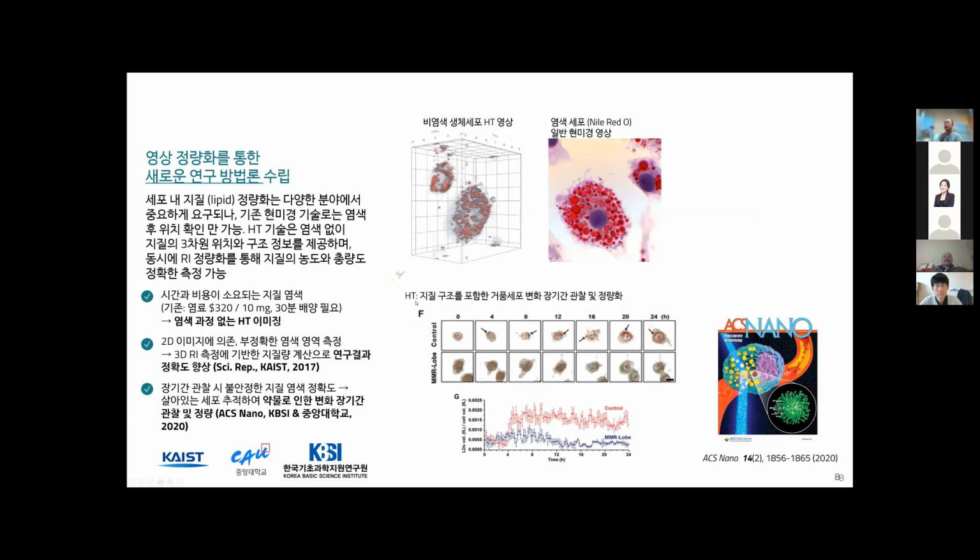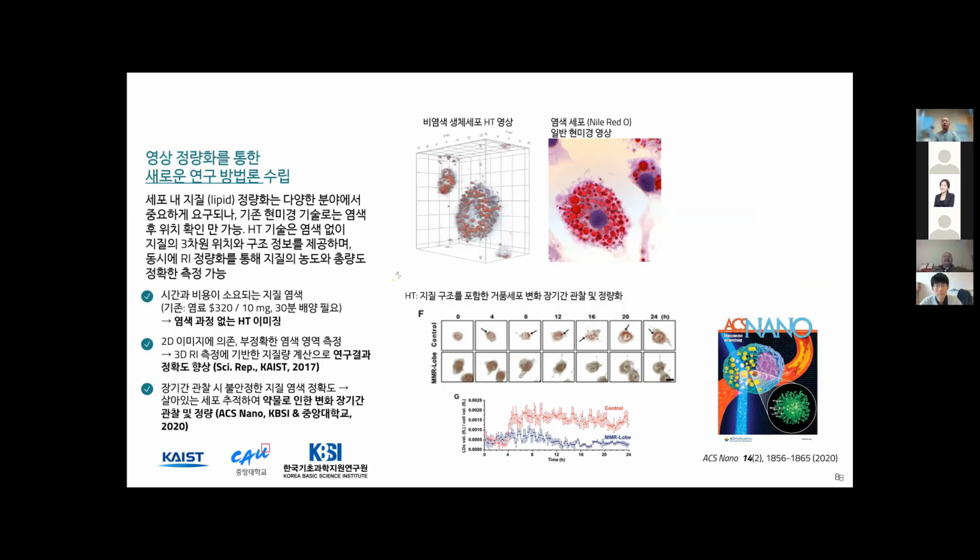And lipid is also an interesting topic of study, because the refractive index of lipid is distinctly higher than that of the cytoplasm. So by simply measuring the refractive index distribution, you can differentiate which part of the cell is lipid and which is cytoplasm. But if you rely on conventional imaging techniques, you have to fix the cell, which means the cell is not live anymore.